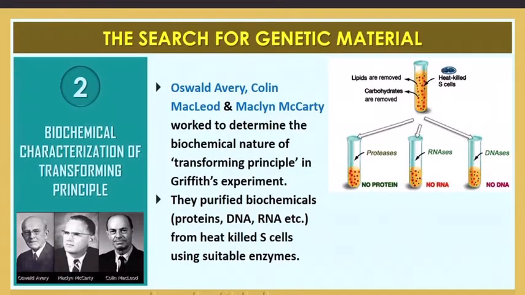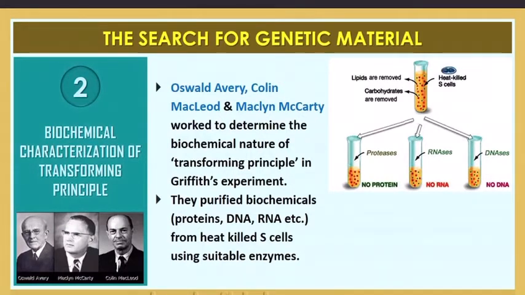What is that they have done? They purified biochemicals, proteins, DNA, RNA from heat-killed S cells using suitable enzymes. Like you see, first they used lipases, removed lipids from the heat-killed S cells. Then carbohydrates are removed.